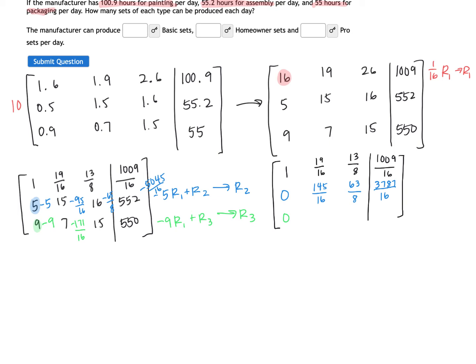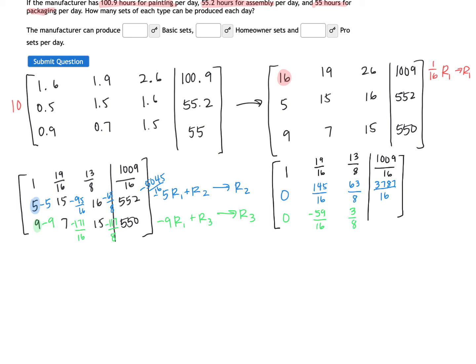So 7 minus 171 over 16 is -59 over 16. 13 times -9 is -117 over 8. 15 minus 117 over 8 is going to give us 3/8.